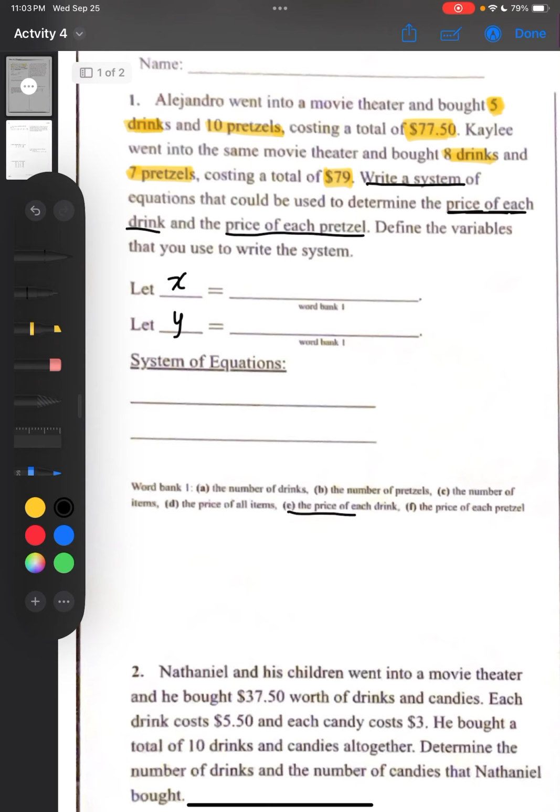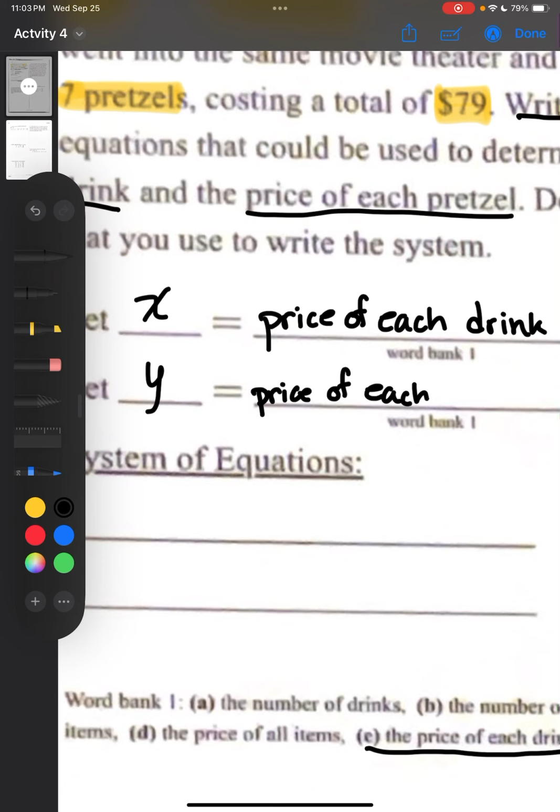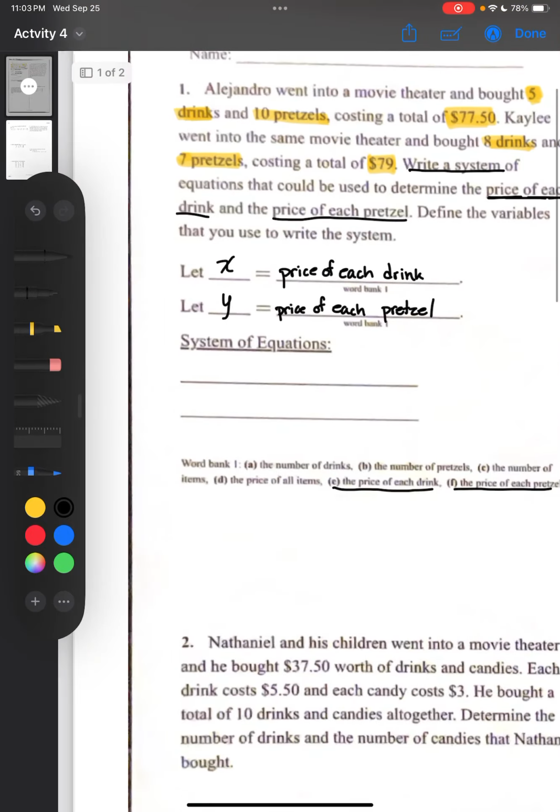Now that would be what we have E and F. So the price of each drink and the price of each pretzel. This is what we are wanting to know.